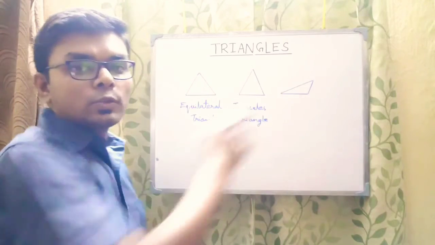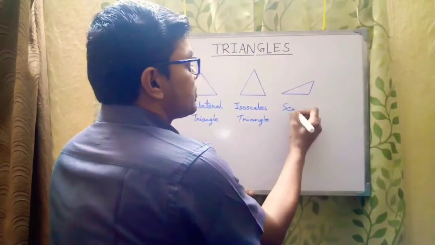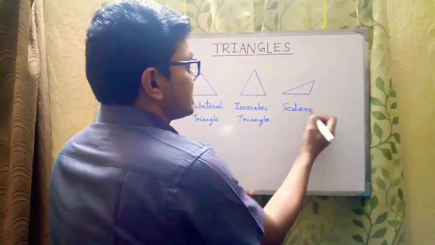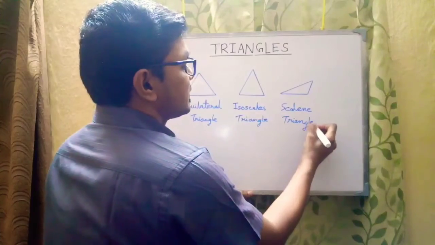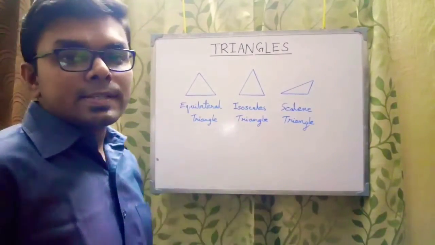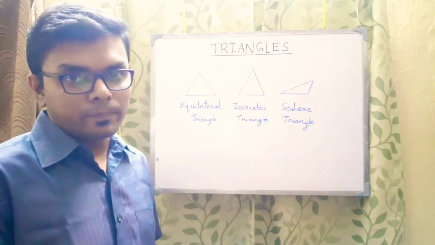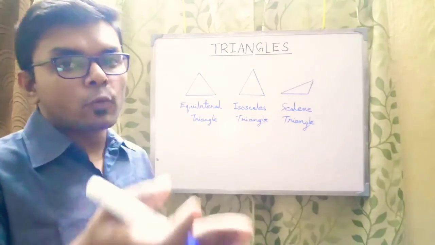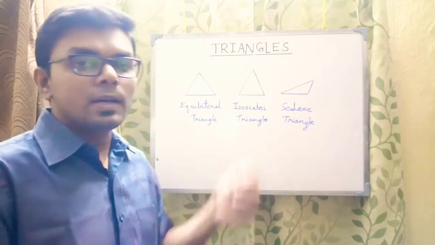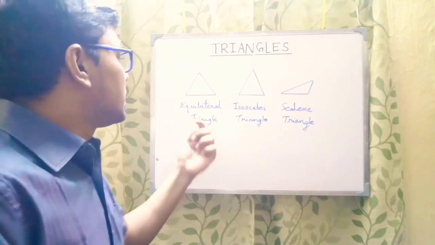Now we move on to the third type, called a scalene triangle. This is that type of triangle where none of the sides are equal to one another. For example, a triangle whose sides are 3 centimeter, 4 centimeter, 5 centimeter, that can be a scalene triangle. So none of the sides are equal to one another.